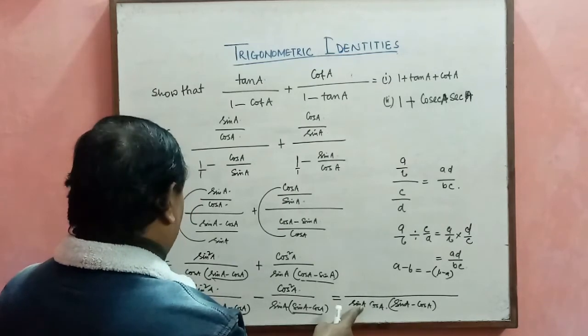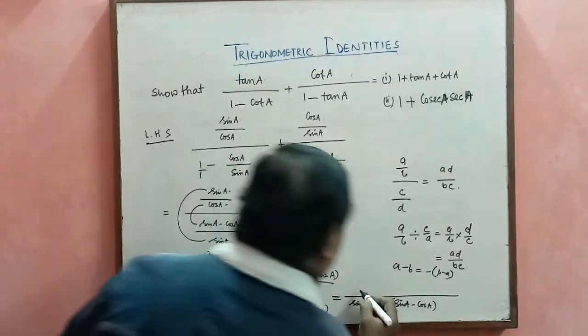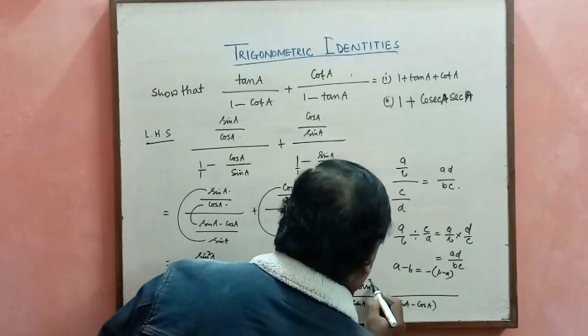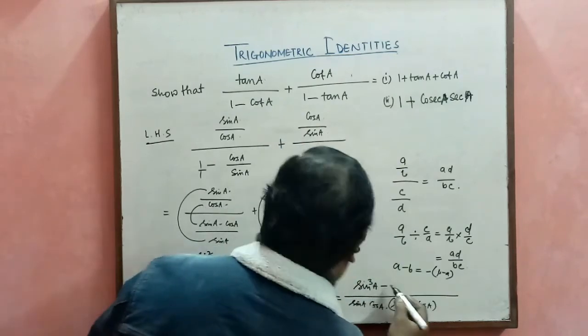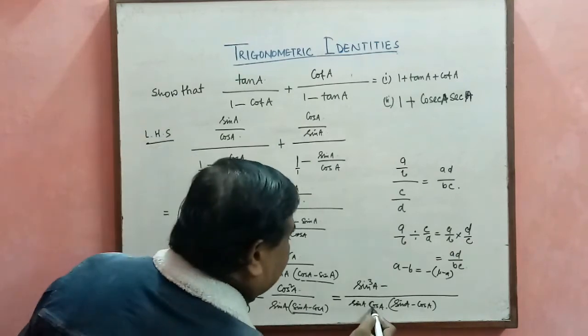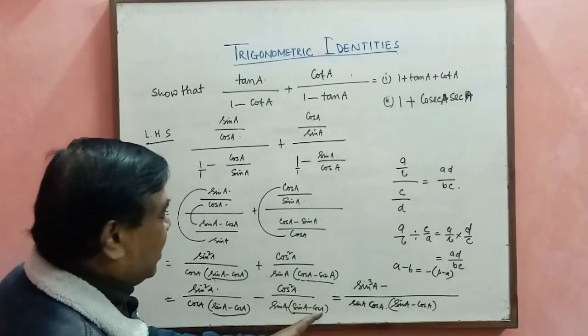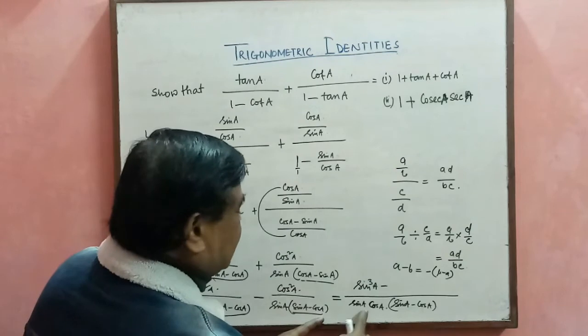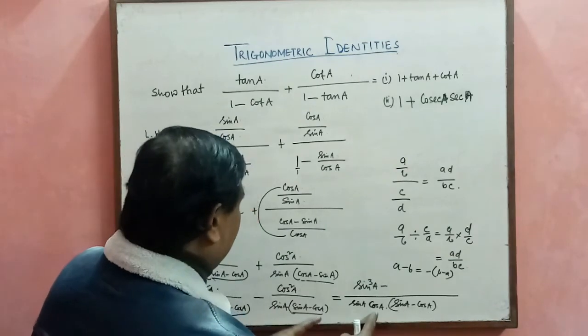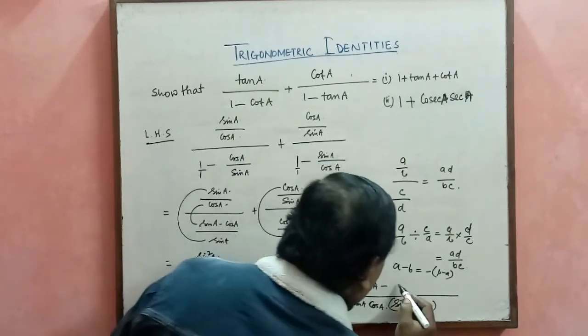So this is sin A only here into sin square A, this will be sin cube A. And this is minus. Here again sin A minus cos A cancels, cos A is here, cos A into cos square A is cos cube A.